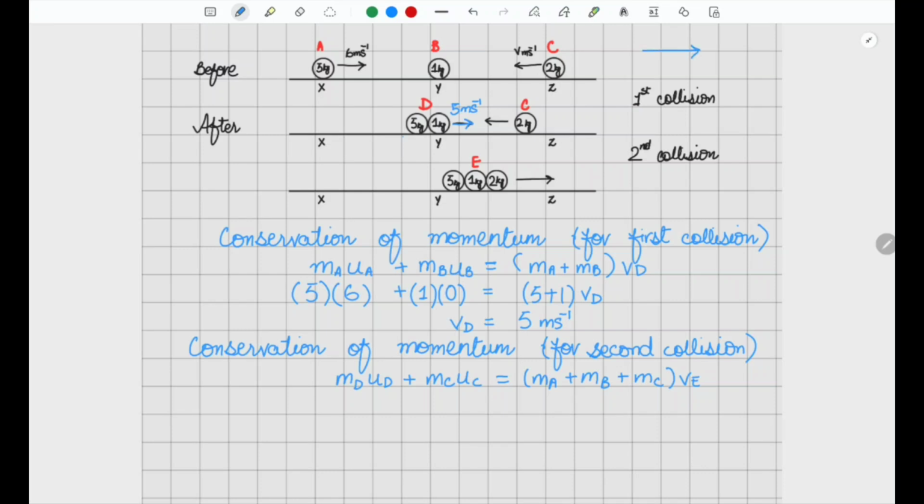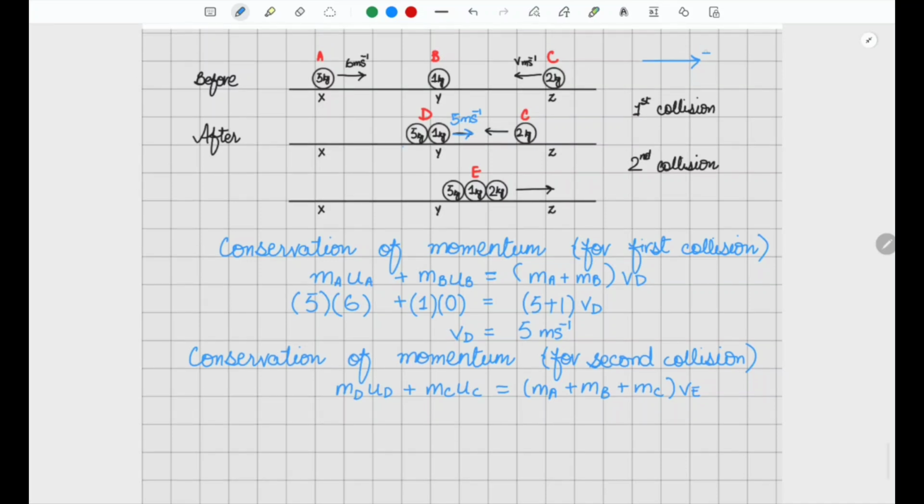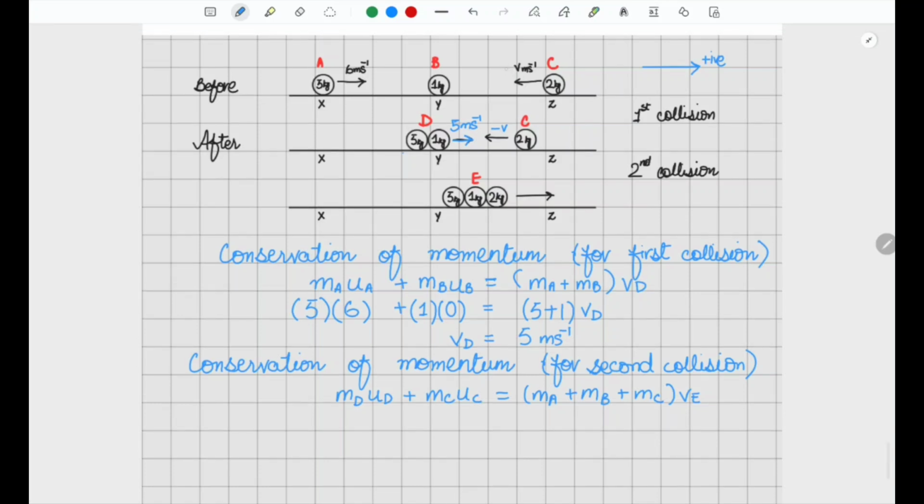like one direction to be positive, a convention for a particular question. So we are taking the rightwards direction of velocity to be positive, so the opposite of it will be negative. So now the velocity of c would be minus v, because it is moving in the opposite direction.